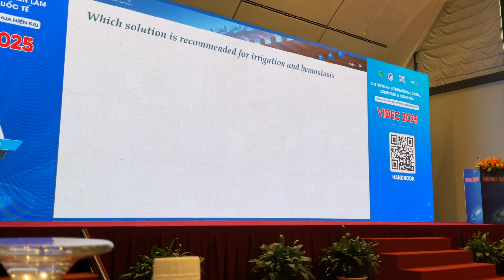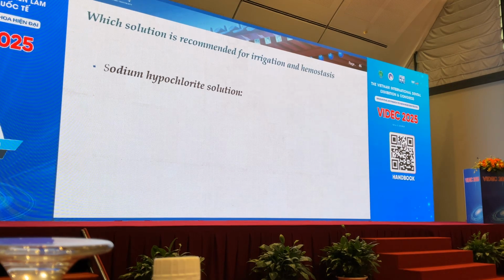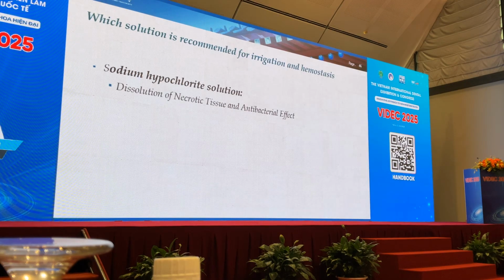Which one? Sodium hypochlorite, right? Because of its capability of dissolution of necrotic tissue and antibacterial effects.